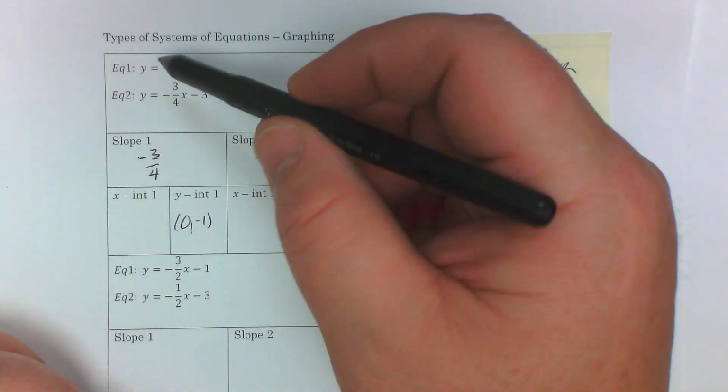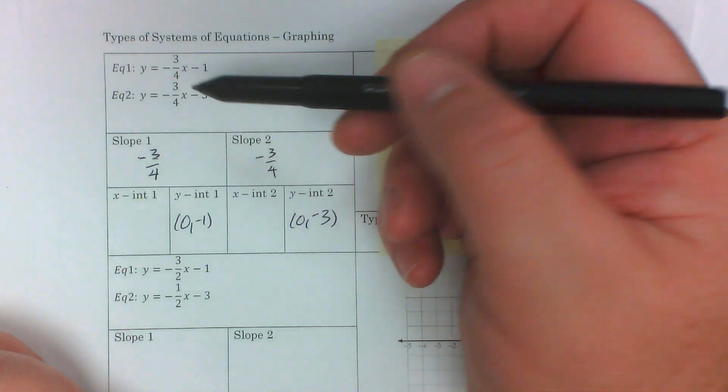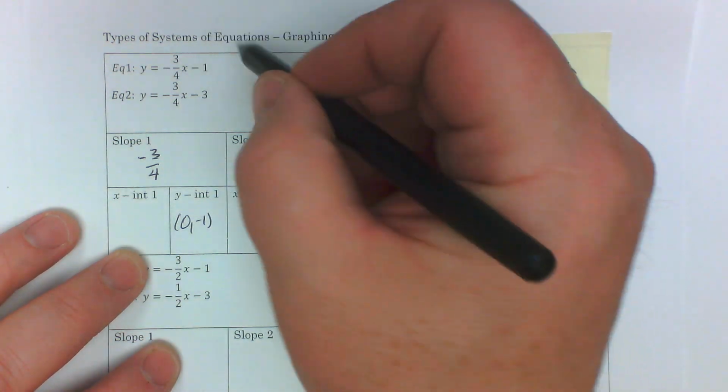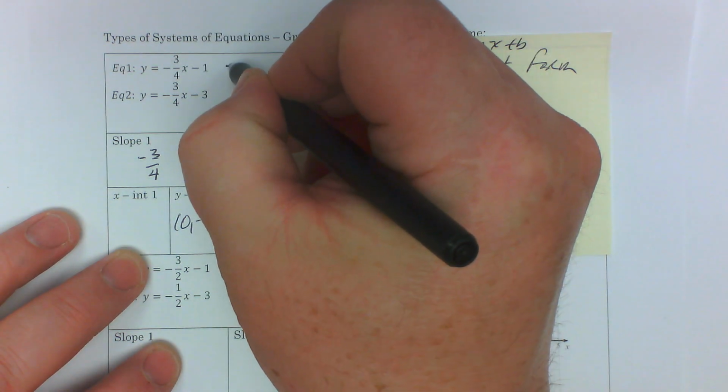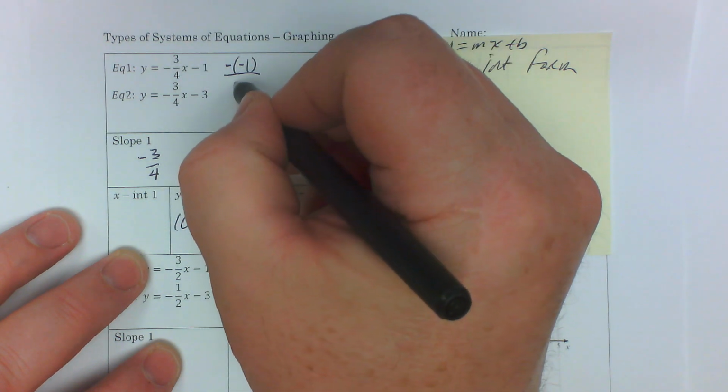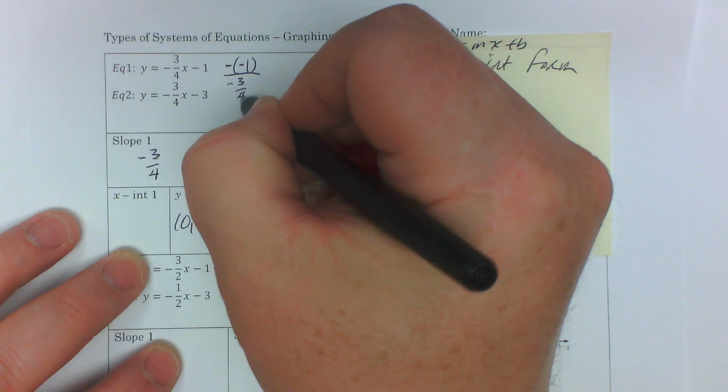So there's a little something going on here because we have a slope that is a fraction, right? So our x-intercept is negative b over m. So let's be really careful. We have a fraction. We have also a negative, right? So let's do this first one really carefully. Negative b over m, negative 3 over negative 3/4.